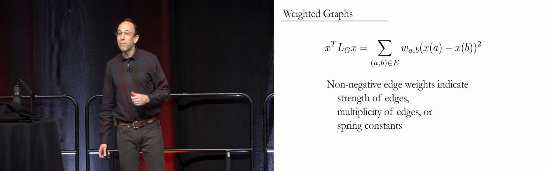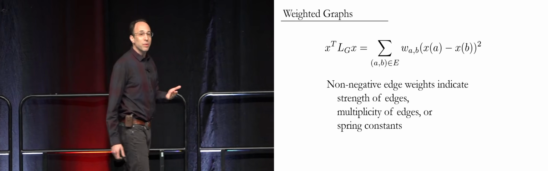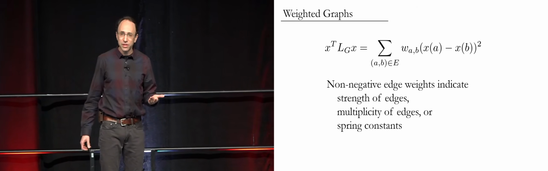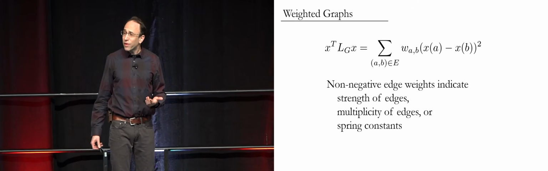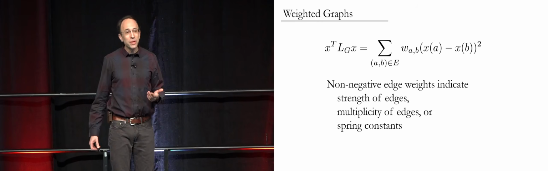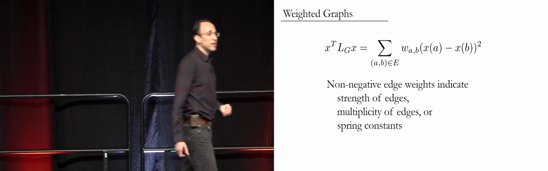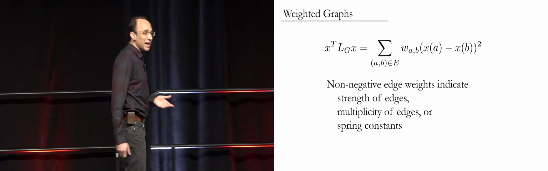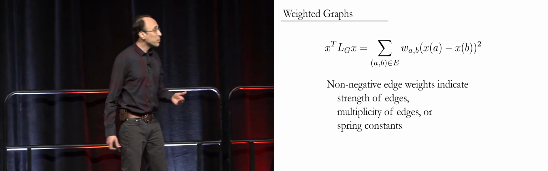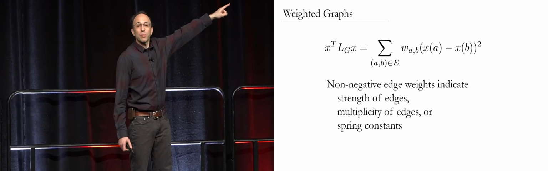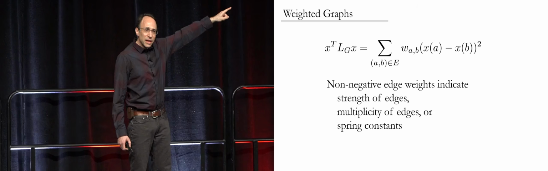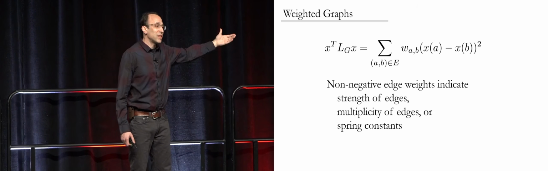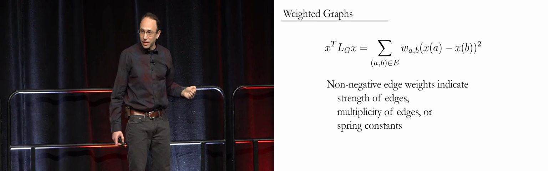Or if you like to draw multigraphs where you allow multiple edges between a pair of vertices, those don't encode very well as matrices, but you can achieve that effect by recording the multiplicity of an edge as its weight. And then what you do is put the weight in front of the appropriate term in the quadratic form, and in the matrix, that puts minus that weight in the corresponding off-diagonal entry.